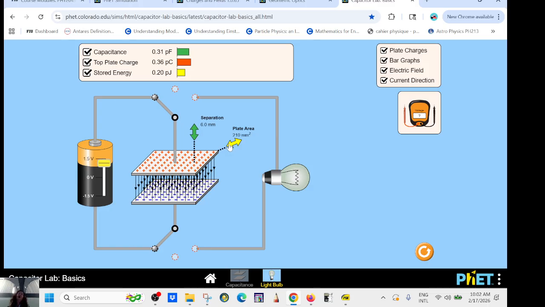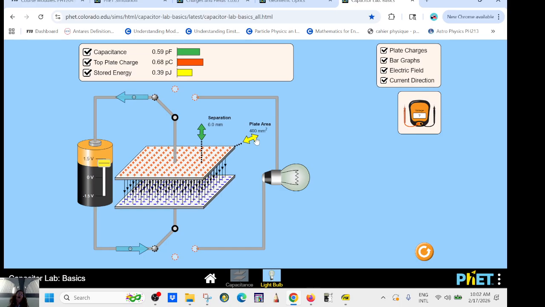If you get another capacitor with more area, it makes sense that you have more space to hold the charges. But there is only so much charge you can hold because they don't like each other. They repel each other. So when you are charging a capacitor, first it's easy to put the first charge and the second charge, and then it gets harder and harder, and there is only so much you can put. It depends on the capacitance.